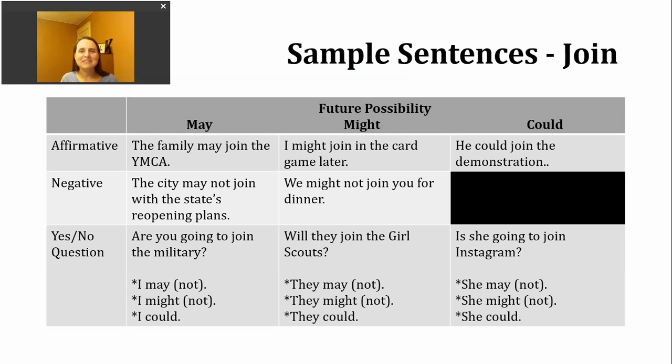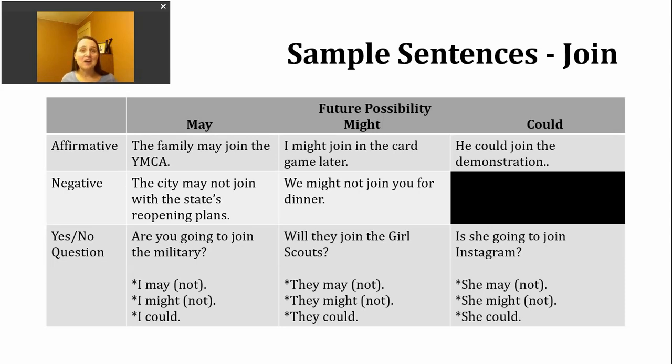So hopefully from that description, you're recognizing that there are 3 ways that we can express affirmative future possibility. That's with the modals may, might, and could. And these 3 words are really interchangeable in the affirmative. It doesn't really strengthen or weaken if we change from one to another.